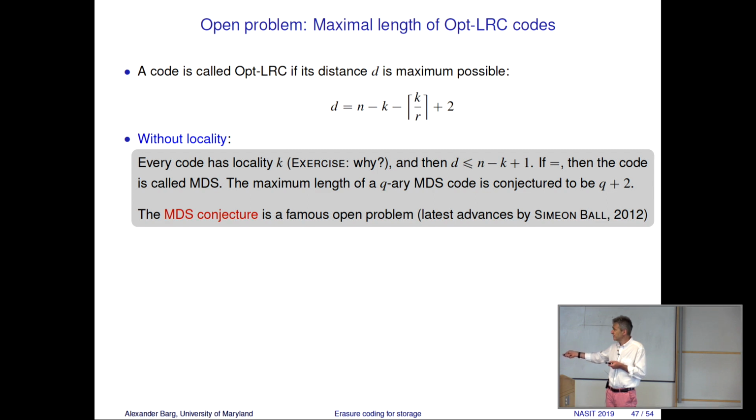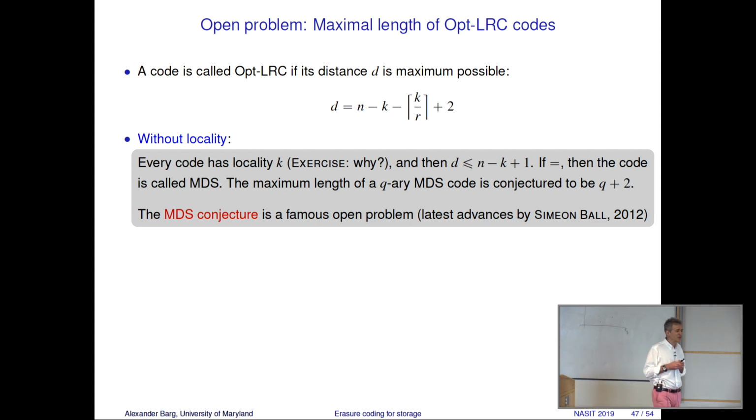The distance is at most n minus k plus 1. The code is MDS. So how long can an MDS code be? This is a hugely famous open problem, a sort of Fermat's last theorem of coding theory, of projective geometry in general. The latest advance is by Simeon Ball, 2012, but the problem is unresolved. I don't advise looking at that because that's a hugely difficult question.